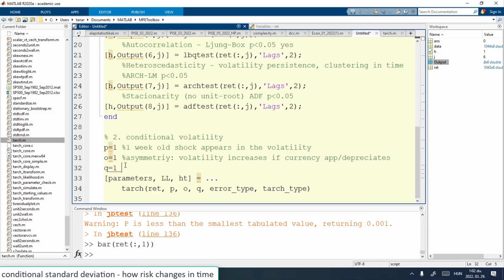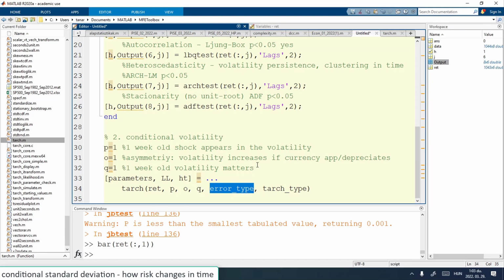And there is this Q variable, so 1 week old volatility matters, which means that if the market was not able to price in the currency well, it will also not be able to price it in well this week. So that's why we have to talk about this.